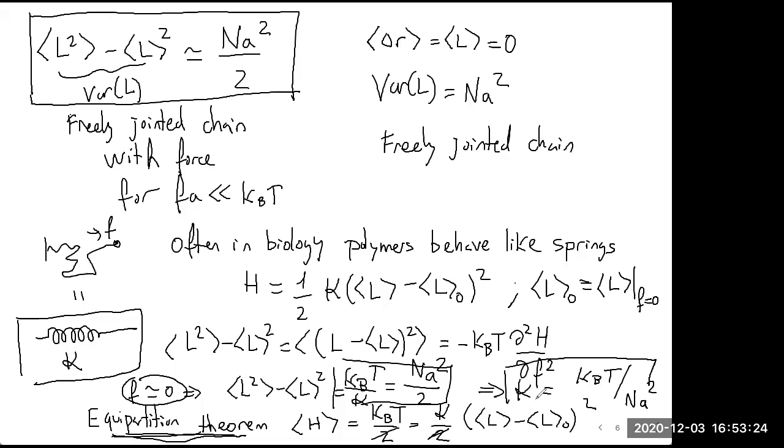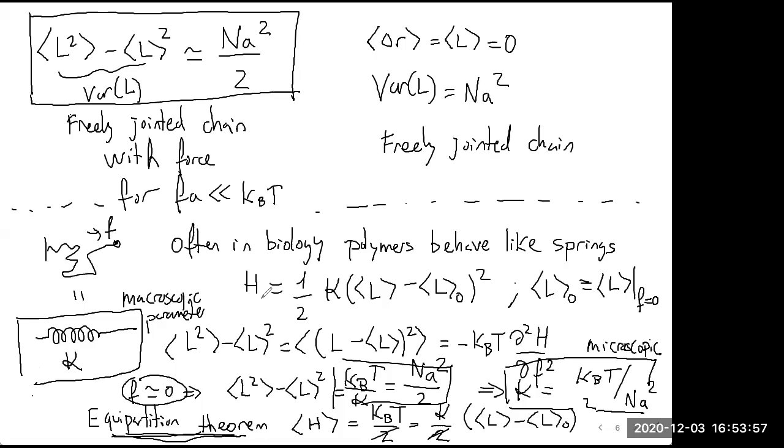This is one of the goals of statistical mechanics: relate macroscopic, this is a macroscopic parameter, with the microscopic: temperature, Boltzmann constant, number of monomers, and A, microscopic. So this is just to tell you that when you do a more coarse-grained description of your model, you get stiffness.